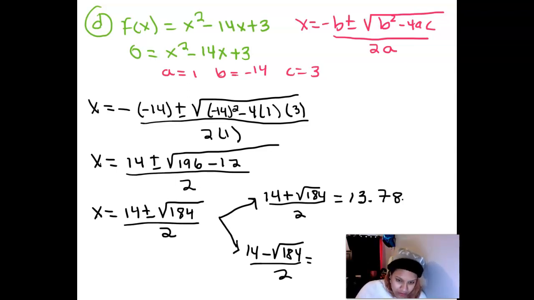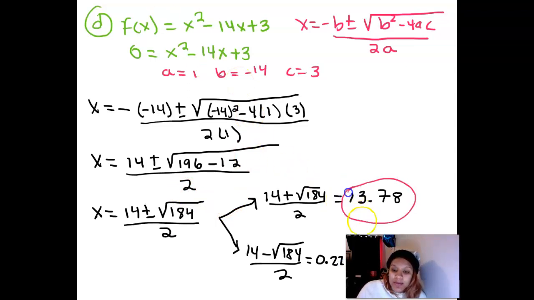Then I go to the second one. I do 14 minus the square root of 184, which gives me a decimal. Then I divide it by 2. And then I have 0.2176 and a few more decimals. The 7 changes the 1, so it becomes 0.22. And there you have your two values of x.